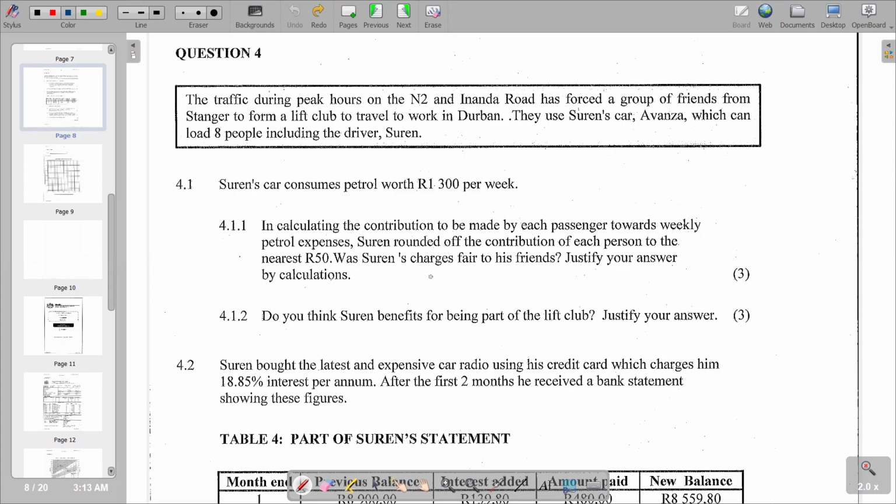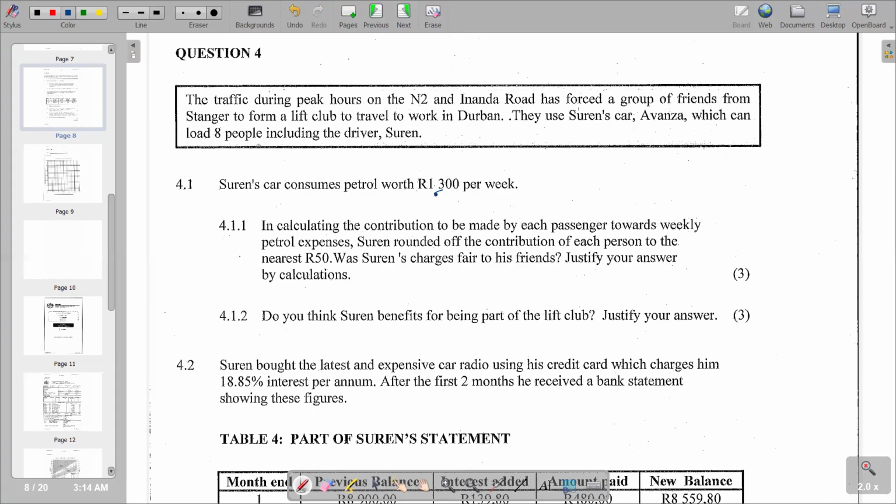So what we're going to do is find the contribution made by each person, then round it off so that we can see what amount each person is going to pay. Then we compare the total paid by all the people with 1,300 and see if it's justifiable.